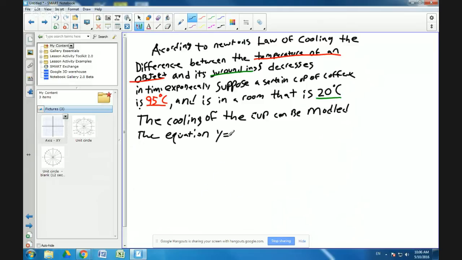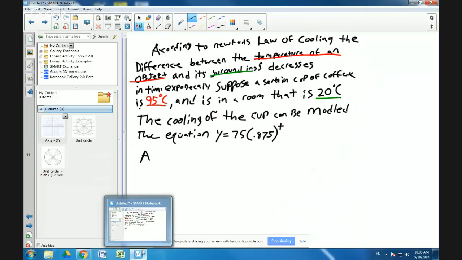y equals 75 times 0.875^t. So part A states: find the temperature of the coffee after 15 minutes.